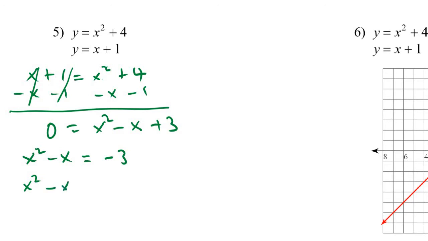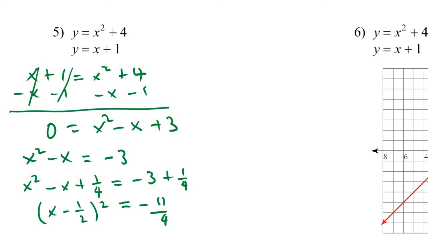So it will be x squared minus x plus 1/4 equals negative 3 plus 1/4. And so the right side becomes negative 11 over 4. And the left side is just going to be squared, like (x minus 1/2) squared.